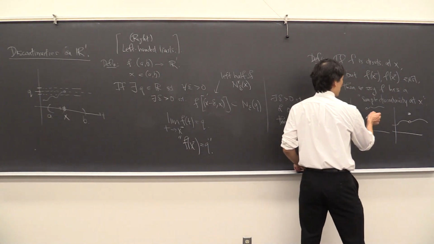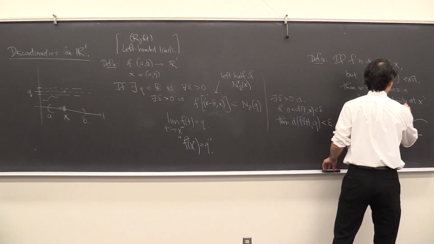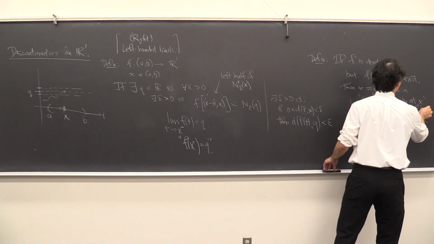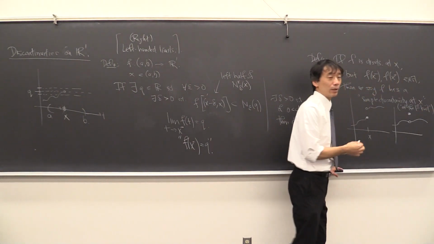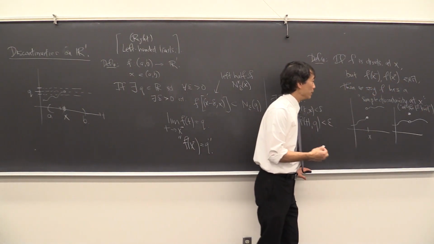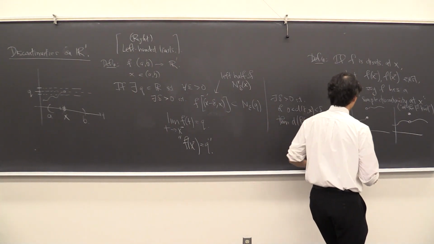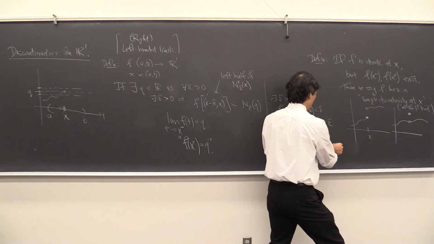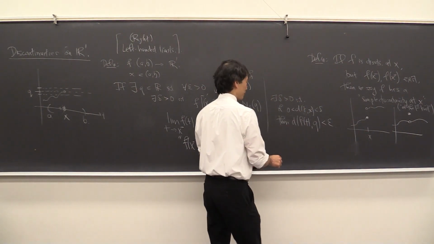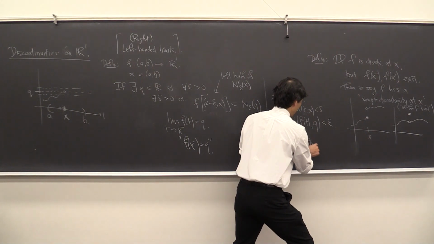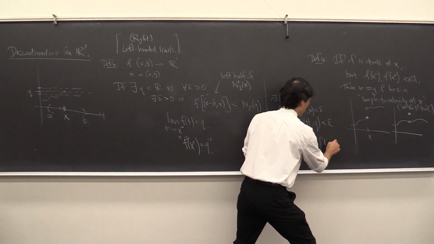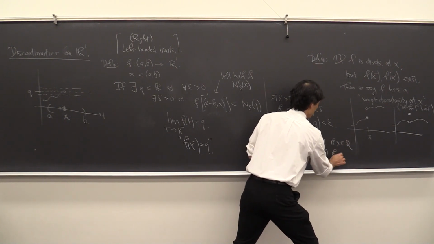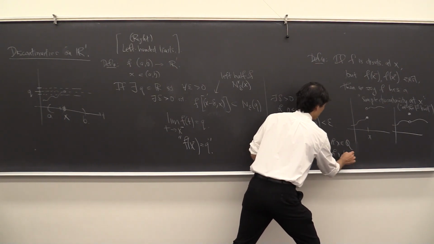Rudin also calls these discontinuities of the first kind. And anything else is called of the second kind, a non-simple discontinuity. For example, look at the function f of x being 1 if x is rational, and 0 if x is irrational.